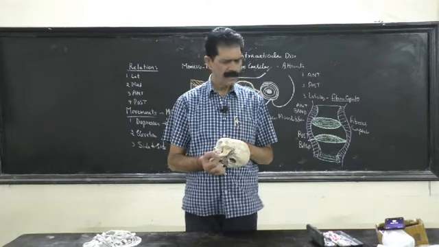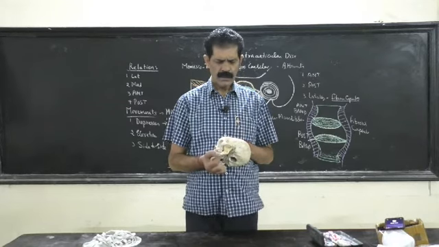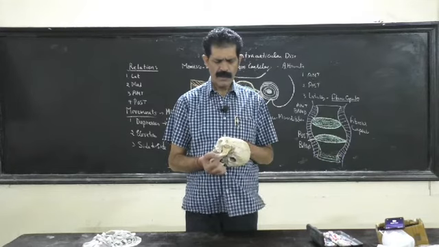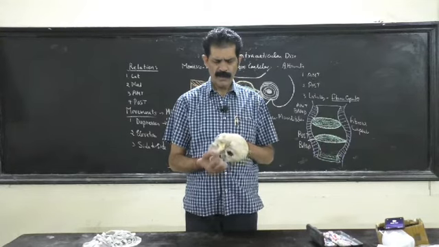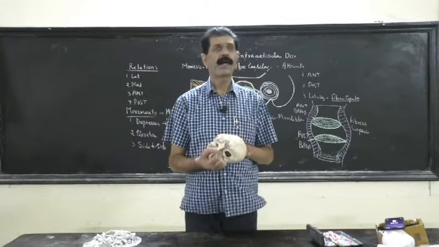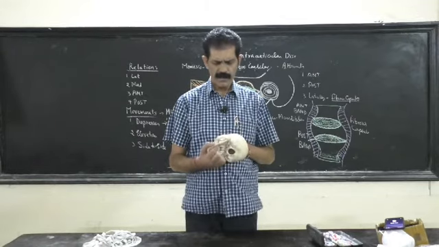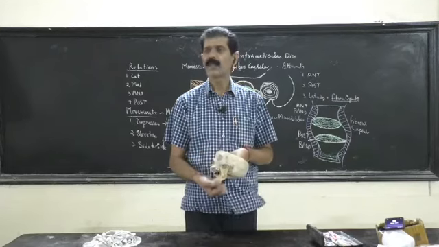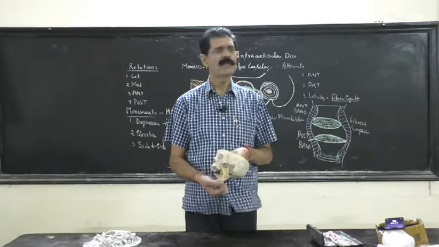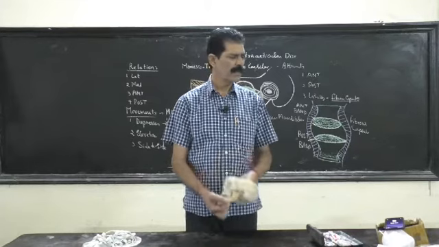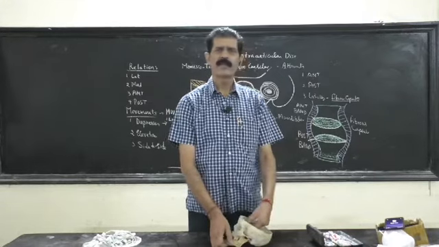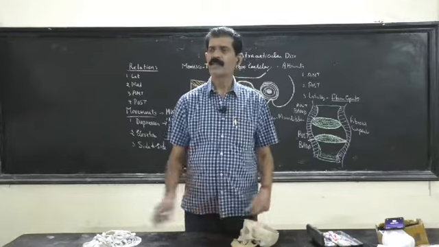The head of the mandible moves forward and it comes under the articular tubercle. And whenever it comes under the articular tubercle, there is a depression. It goes downward and the mouth ultimately opens. So that is the mechanism.